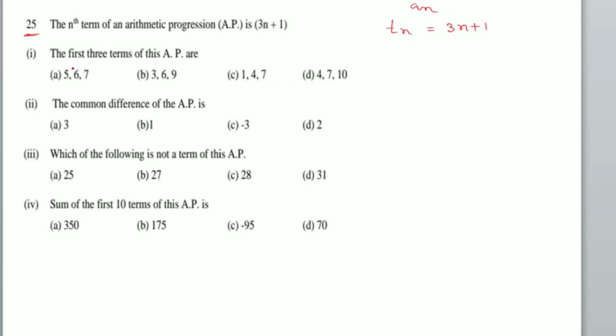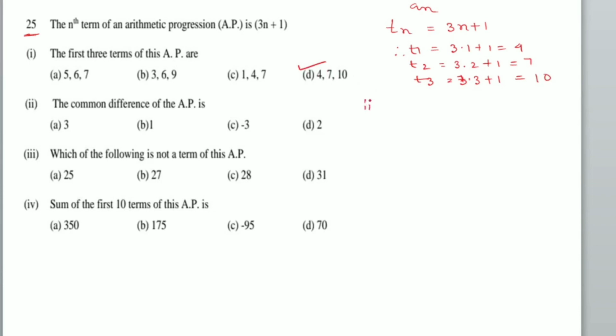The first three terms of this AP: T1 will be 3 into 1 plus 1 means 4. T2 will be 3 into 2 plus 1 means 7. T3 will be 3 into 3 plus 1 means 10. So first three terms are 4, 7 and 10.